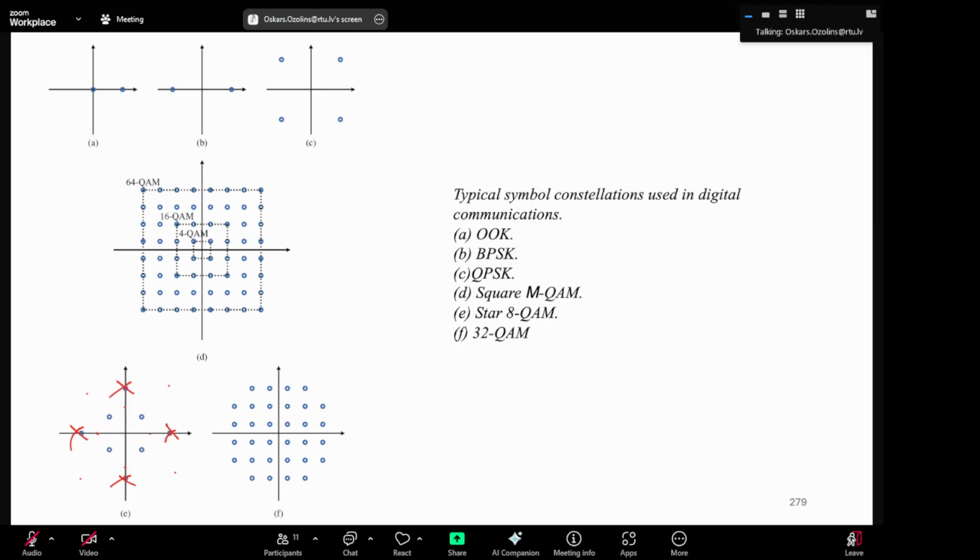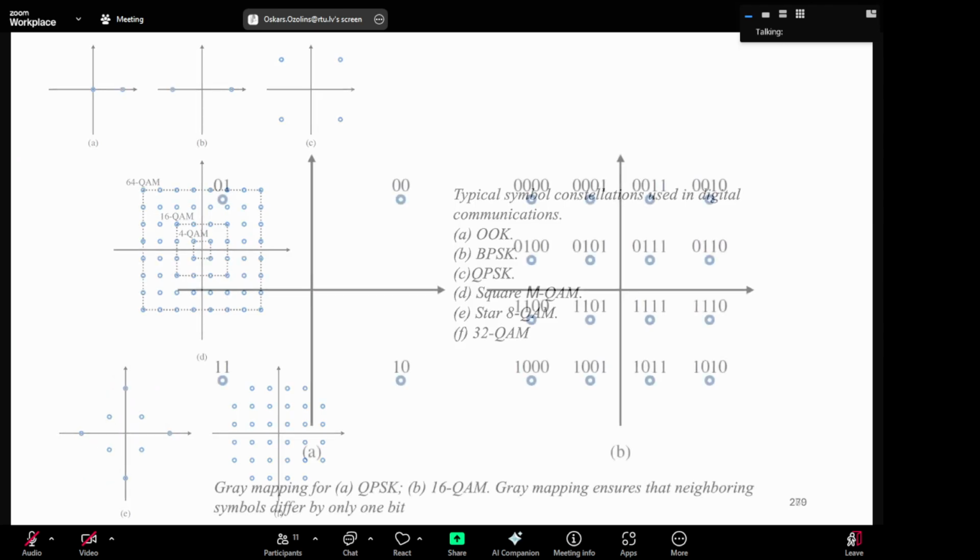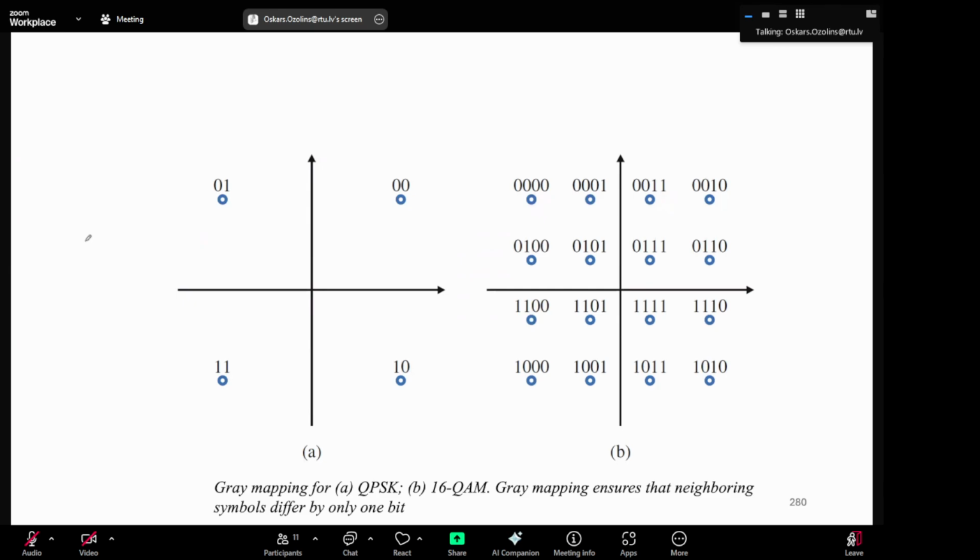Okay. Then what we could look at also is that there's a certain way how you can assign these bits to symbols. Actually, there's no general rule. But for these square constellations, you can use gray mapping.